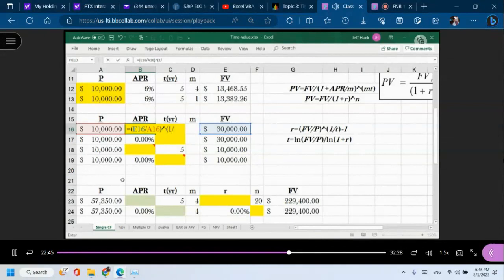But here, what is n? N is t times m. N is not given, and even though m is not given, we build m into n, so that n would be t times m. Then it can handle any situation. It can handle whatever the m may be.